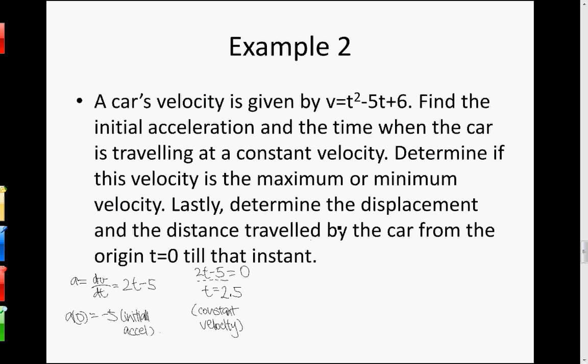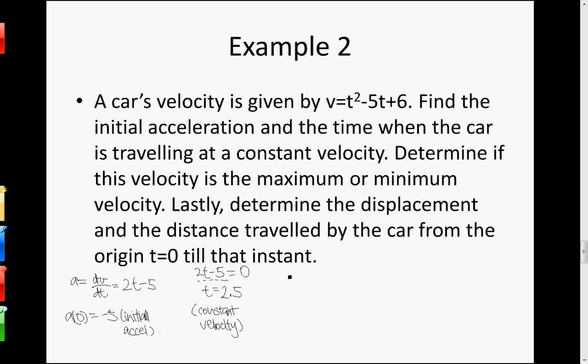Okay? Now determine if this velocity is the maximum or the minimum velocity. So we are trying to say that at this time t, at a constant velocity, is this a minimum or a maximum? So what we have to do is a derivative test. We can either do the first derivative or second derivative test. Just now we did the first derivative test, so now let's do a second derivative test.